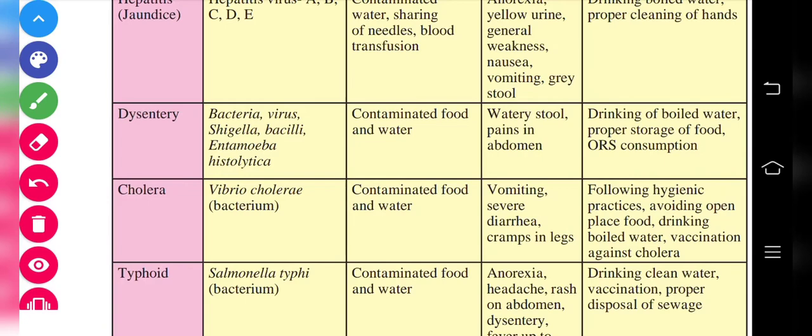Cholera is also a water-contaminated disease. Vibrio cholerae is the name of the bacterium.